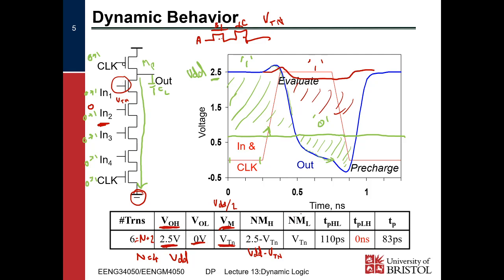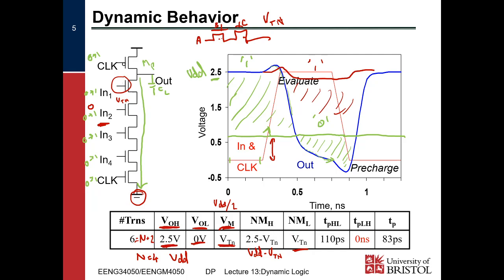However, our noise margin on low output signals is only VTN, because it's the difference between the threshold point and V on low, which is 0 volts. So, unfortunately, our noise margin low is quite bad.